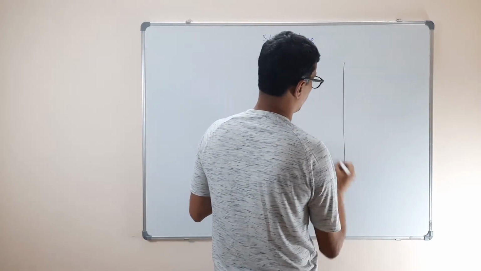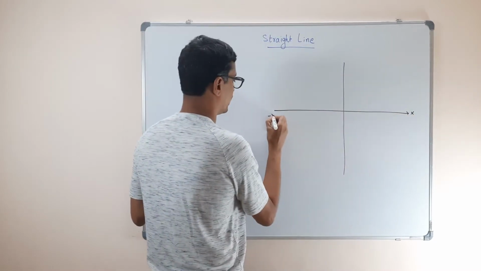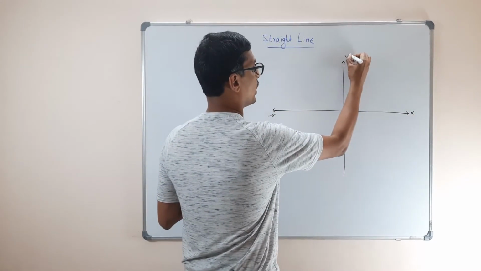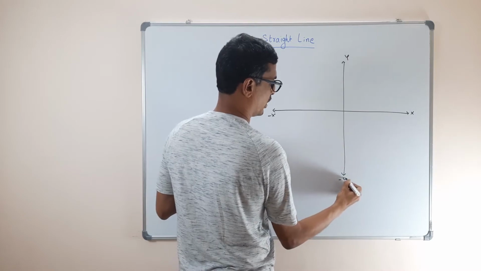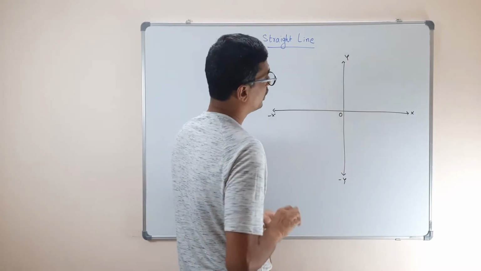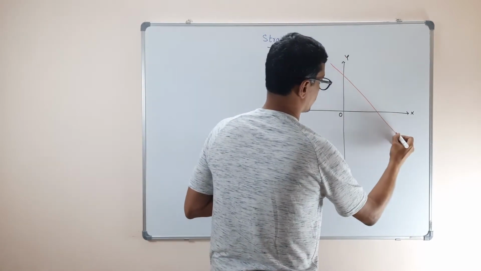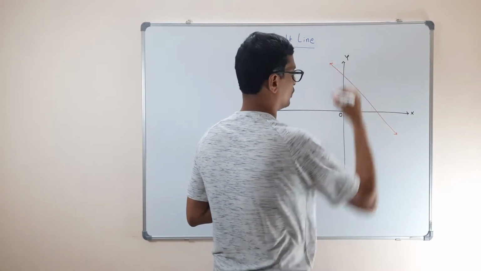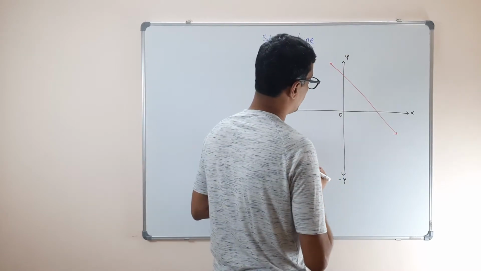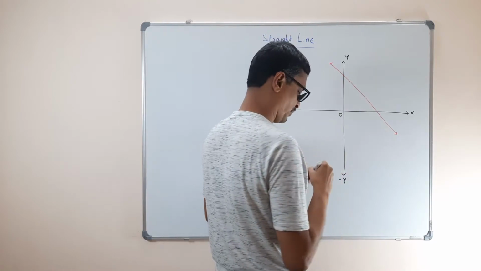If I have the coordinate system, this is x, minus x, y, and minus y, and this is the origin. Now, if we have a straight line, let me draw it like this here. Then I can define an angle also, correct?